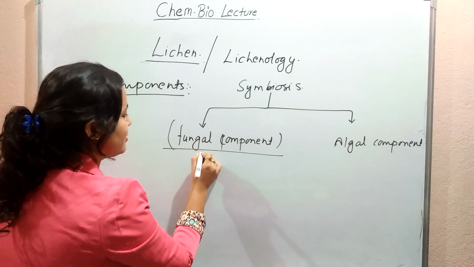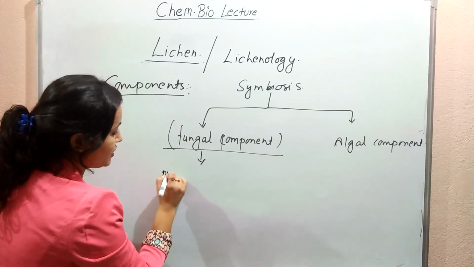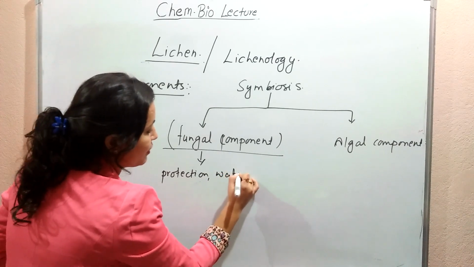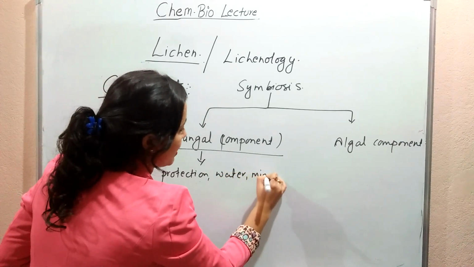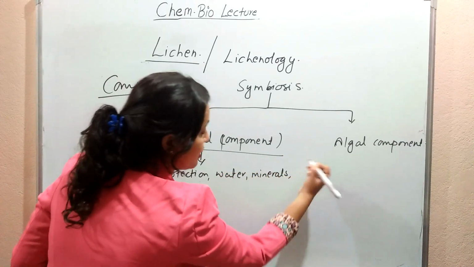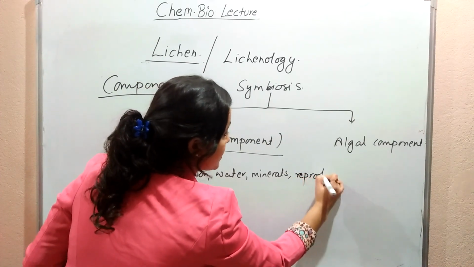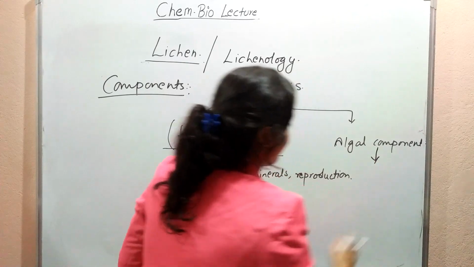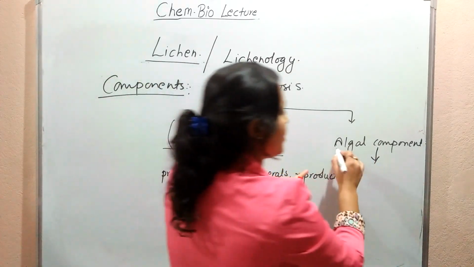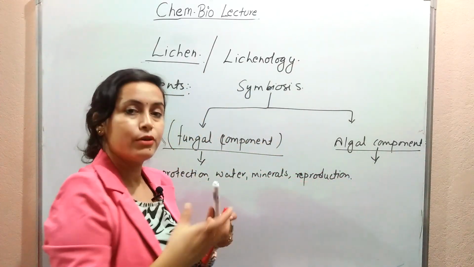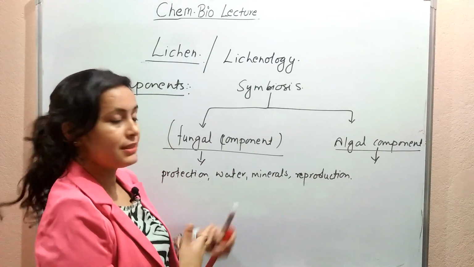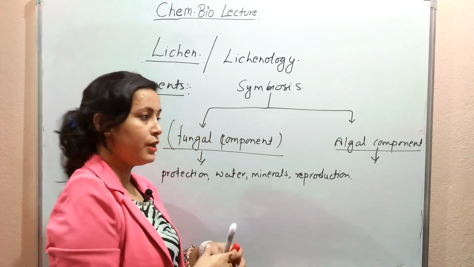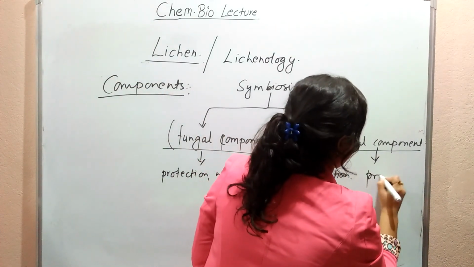It helps to provide protection, it helps to provide water and minerals, and it helps in the reproduction process. Whereas the algal component, by the name, has chloroplast. As they have chloroplast, they can undergo photosynthesis, so they will prepare food.